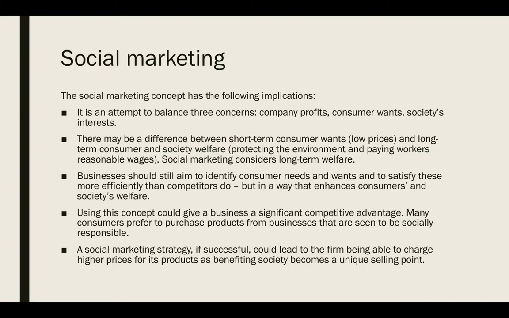You want to make profit, at the same time you want to benefit the society or do something in the interest of society, and also you want to fulfill consumer wants. It's a bit challenging to balance all these three.